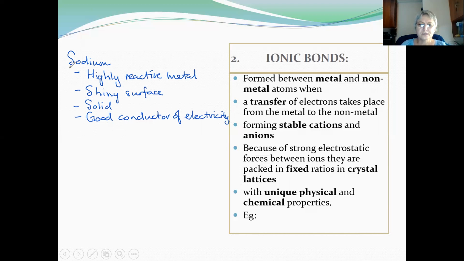And the next element that forms part of sodium chloride is chlorine. It's a highly reactive non-metal, and it's a gas at room temperature. So it's not a conductor of heat or electricity at all.